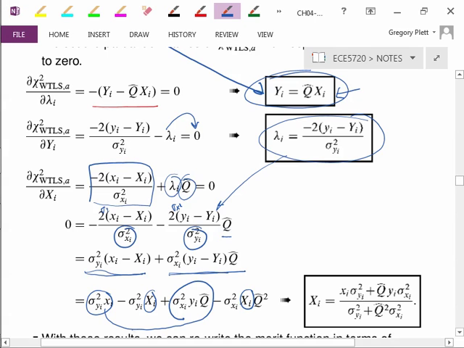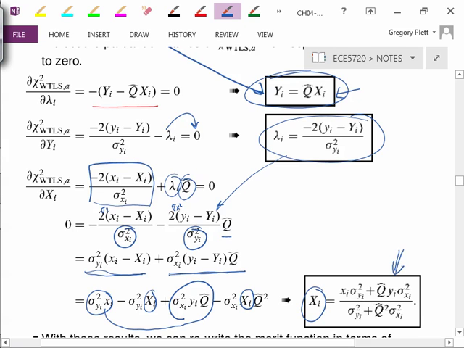So I have that capital Xi is equal to little xi sigma y squared q hat little yi, etc. You can see it in the box. But what is important about this is I have solved for the x-coordinate mapping of my data point in terms of the measurements, in terms of things I know, and q hat, which I don't know.